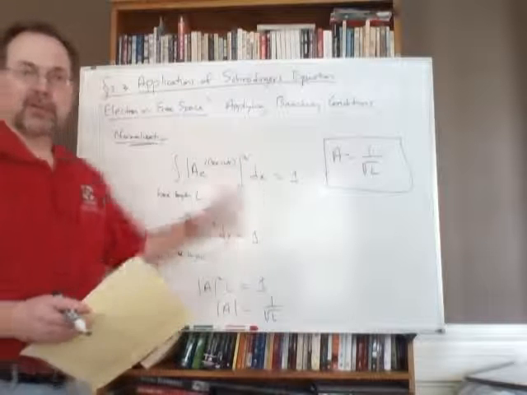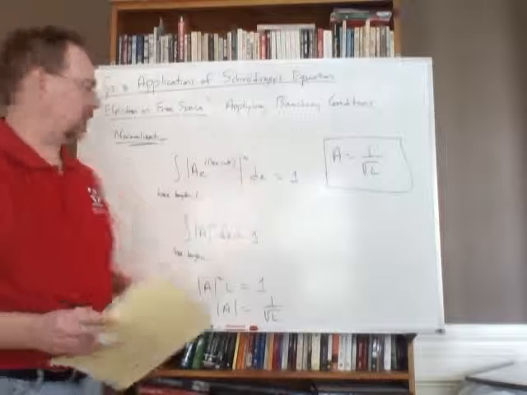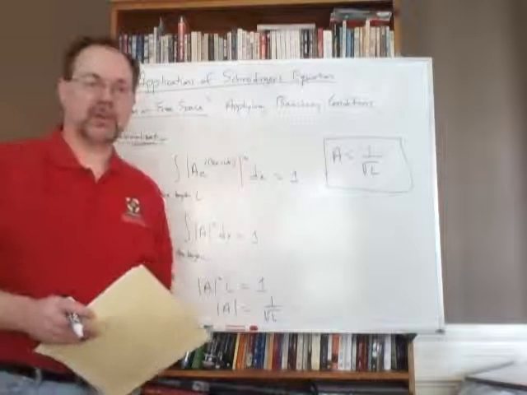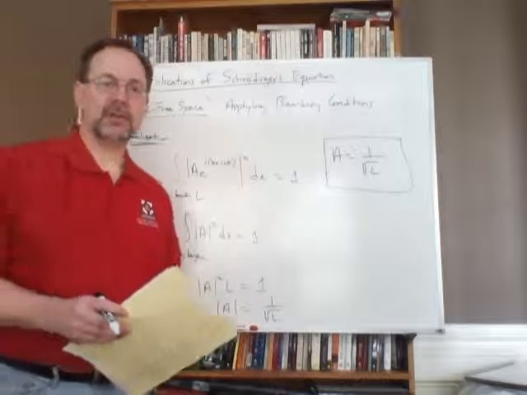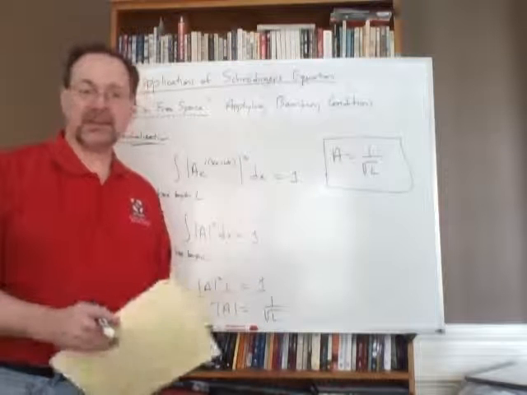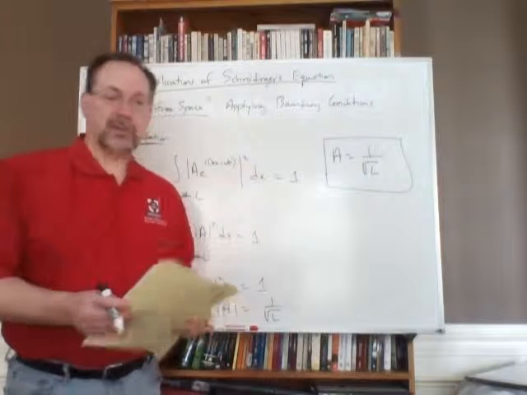All right, well that's applying normalization to our plane wave, our free particle solution, and that concludes this example. The next application will be a particle in a box, as it's often called, or the infinite potential well.